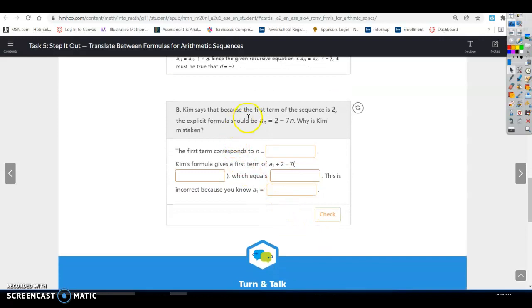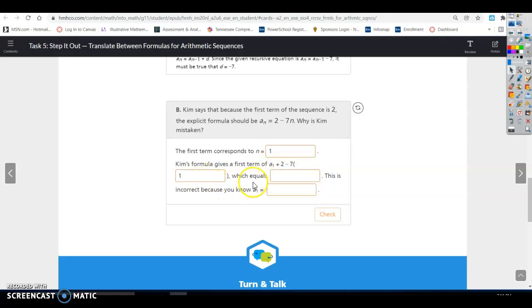Kim says that because the first term of the sequence is 2, the explicit formula should be a sub n equals 2 minus 7n. Why is Kim mistaken? The first term corresponds to n equals 1. Kim's formula gives a first term of a sub 1 equals 2 minus 7 times 1.